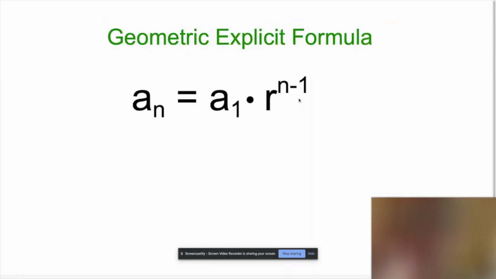All right, so let's look at the explicit formula. Same things as before. This is our nth term. This is our first term. Our common ratio.